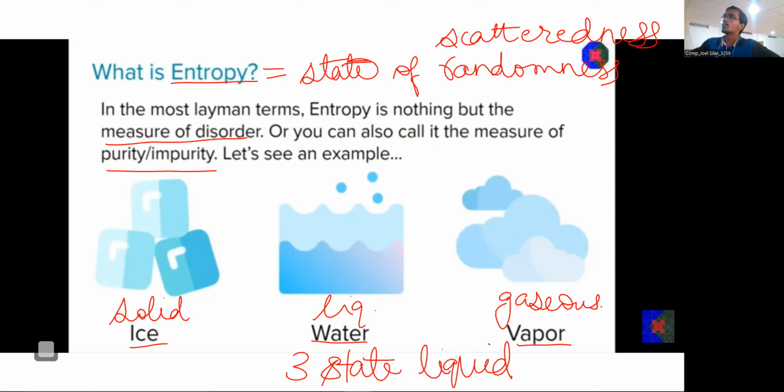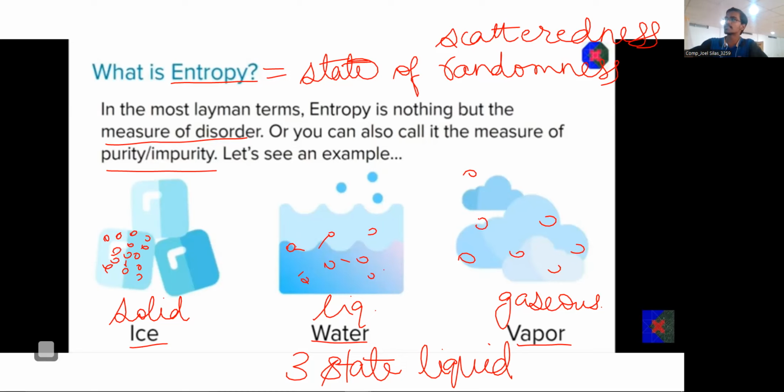So here, the molecules of this particular ice block are in a good, well-arranged structure, and they are close to each other. They are fixed. They are not mobile, or they cannot move randomly. In water, those molecules are a little more free apart from each other. And in the gaseous state, they are very random. They don't have strong bonding between them.